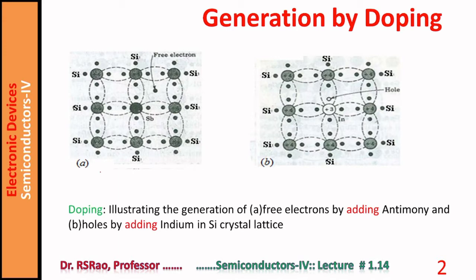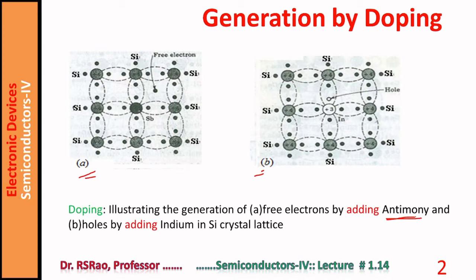Two diagrams are given, A, B. In A is shown how free electrons are created by doping. In B is shown how holes are created by doping. In both A and B, silicon semiconductor is considered. In A, impurity atoms are antimony material.